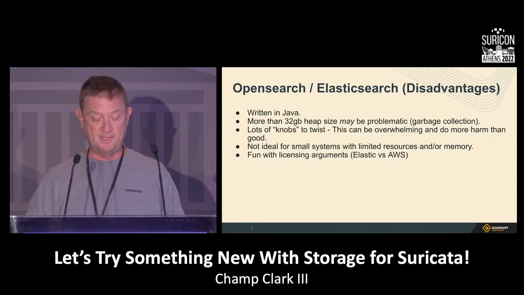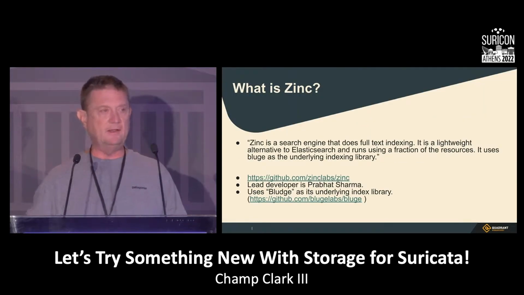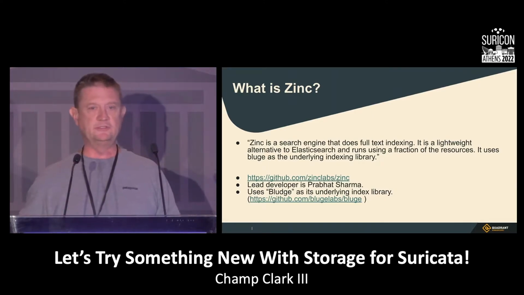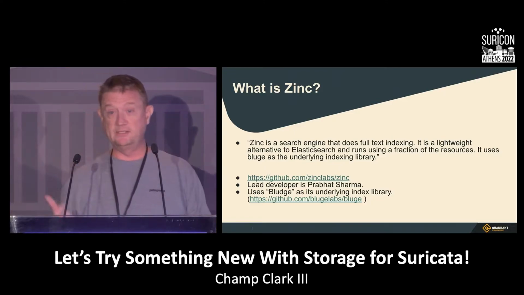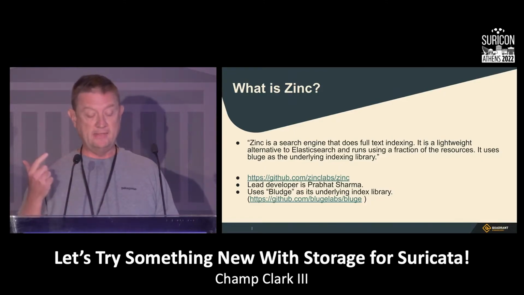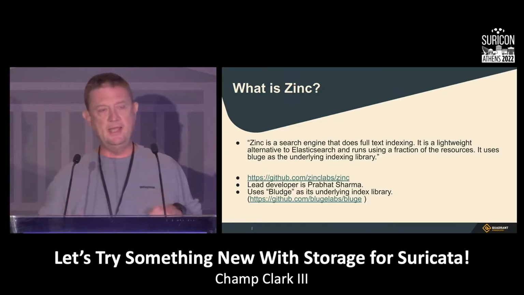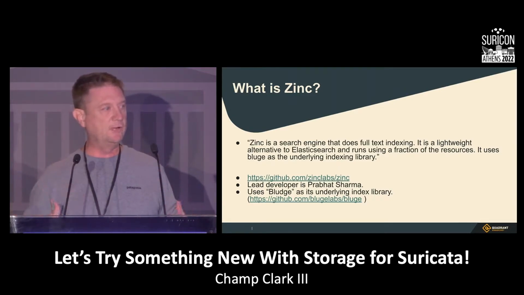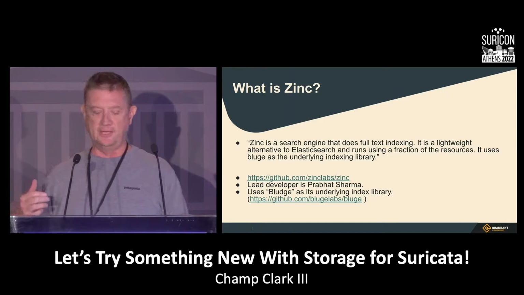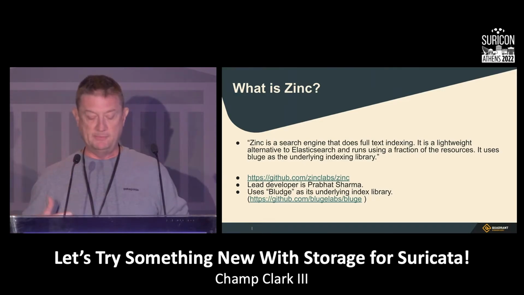So with that, a friend of mine brought up that there's this new piece of software called Zinc. Zinc is really, really new, by the way. I think it came out earlier this year. The idea behind it is to be an on-disk Elastic-like engine, but very lightweight, with fewer knobs and stuff like that.